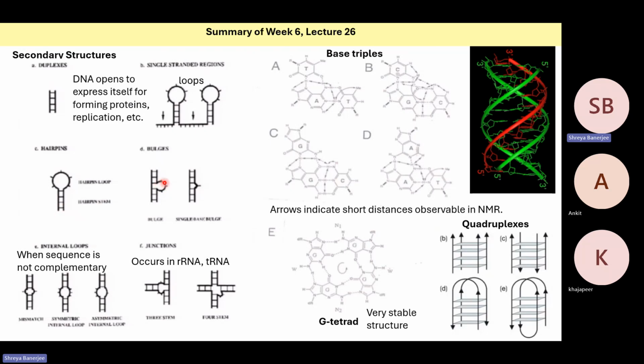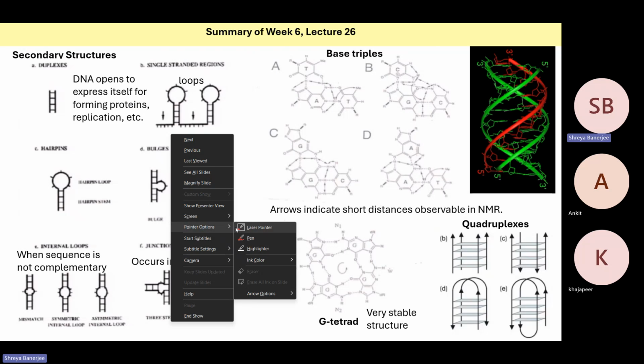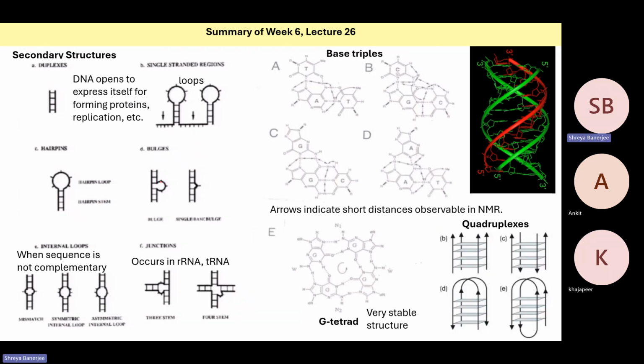If it is formed on one side of the duplex strand, it is called a bulge. And so you can have a bulge formed of multiple nucleotides. You can see that each unpaired base is shown like this. Or you can have a single base bulge where there is only one base that is unpaired. So depending on the sequence or the function of the sequence, you can have different kinds of bulges forming.